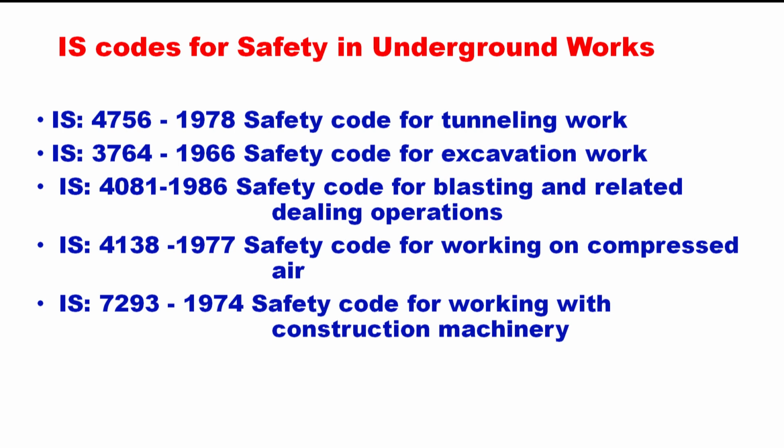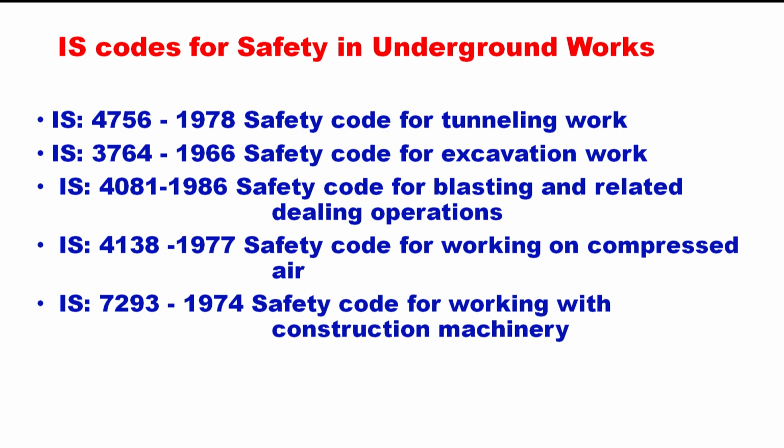IS 4756 1978, safety code for tunneling work. Then IS 3764, which is safety code for excavation work. Then IS 4081 1986, which is safety code for blasting and related drilling operations.